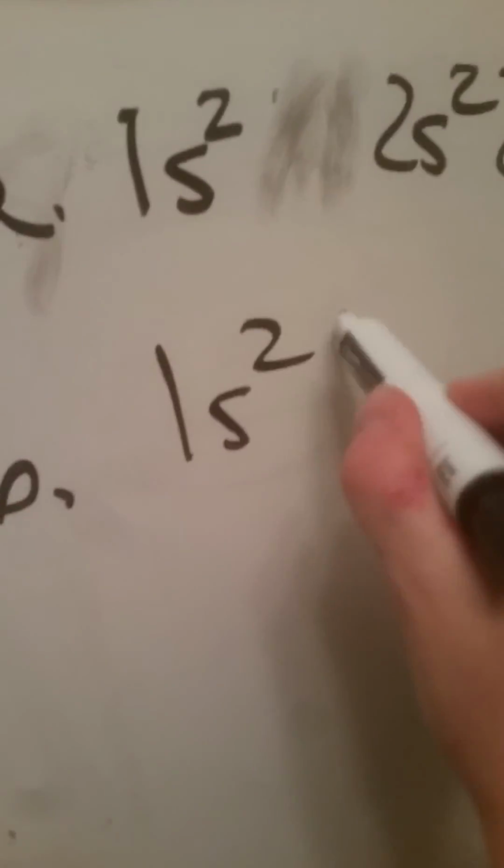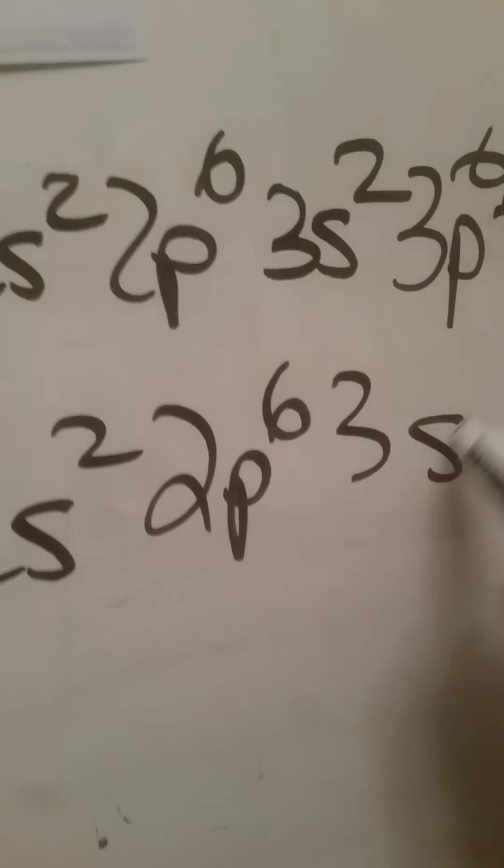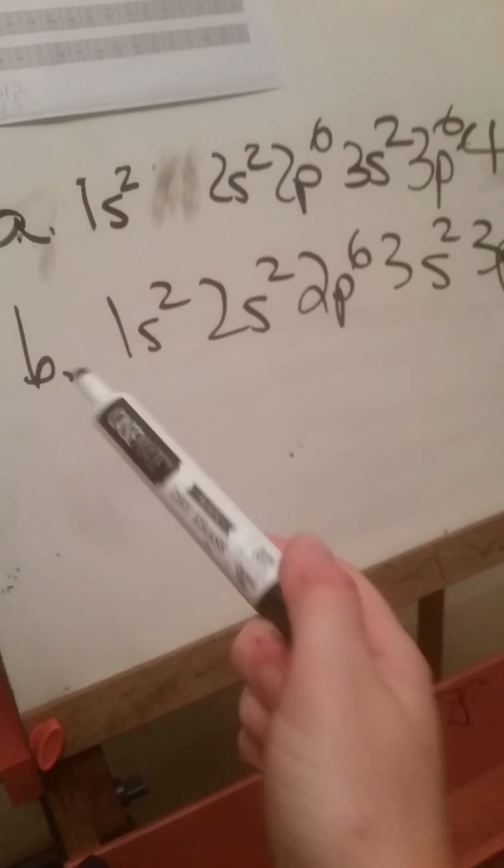So S is at 3p4 for the last one. So I just copied in 1s2, 2s2, 2p6, 3s2, 3p. Now I'm in that last 3p, 1, 2, 3, 4. So now I'm at the end there. Sulfur is 1s2, 2s2, 2p6, 3s2, 3p4.